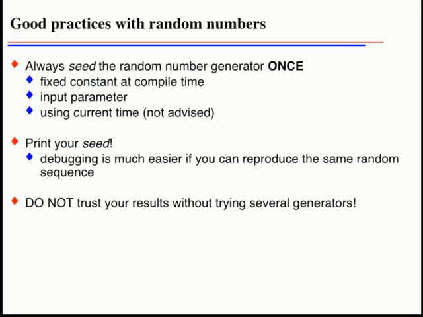In case there is a bug, you can reproduce exactly the same sequence, and you can reproduce the bug. Because if you do, I don't know, Monte Carlo integration, maybe the bug is there only sometimes, it's random. If you change the seed all the time, you have no way to reproduce exactly the same sequence, so you cannot reproduce the problem. So print out the seed so you have a reference to reproduce the results.